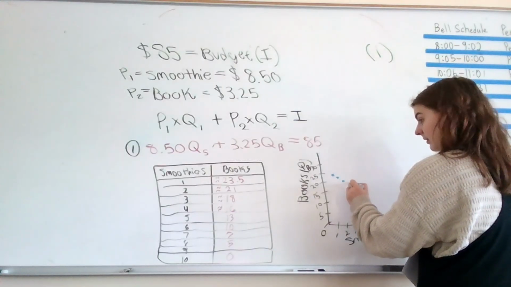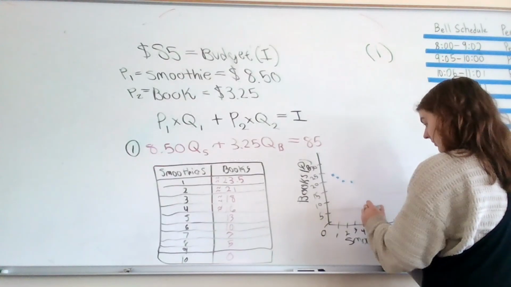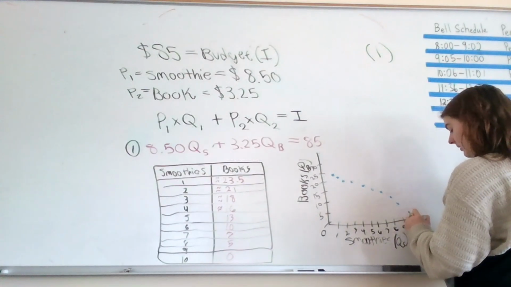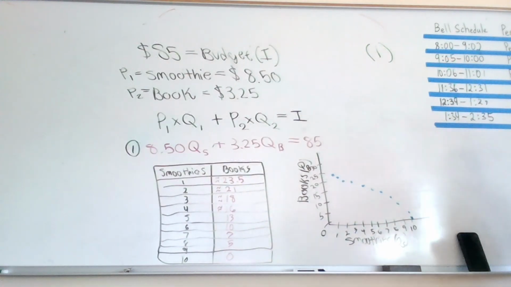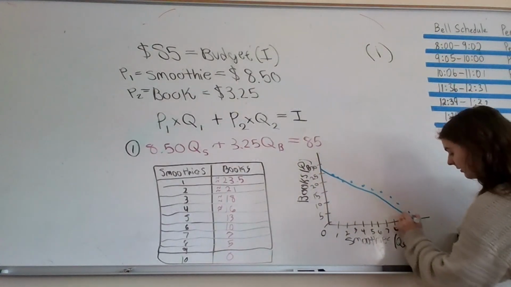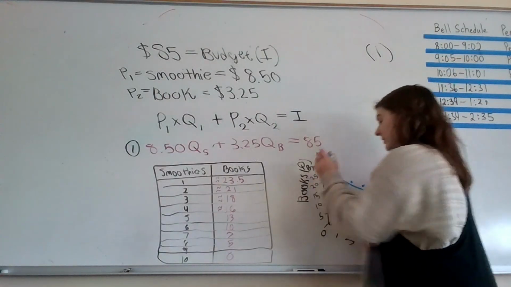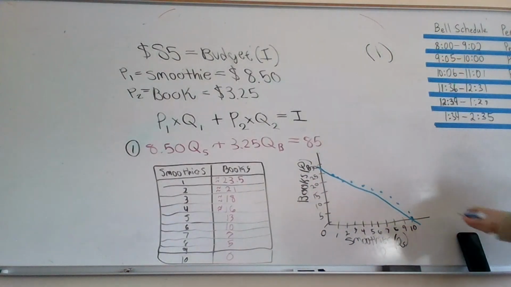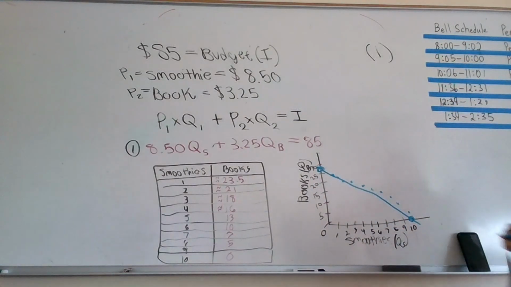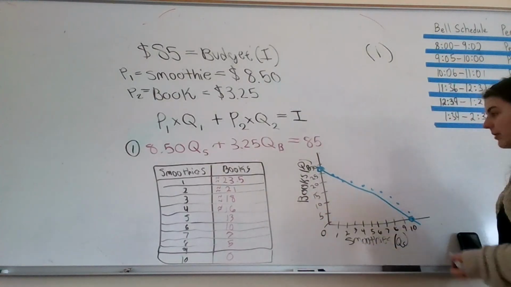16, 13, and so on and so forth, right? It keeps going down until we reach 10. It should be pretty much a straight line where we cross at certain points. You also need to find where this is going to be 0. And at 0, these are where we cross our axes, and this is telling us, if I only consume books, how many books can I consume?